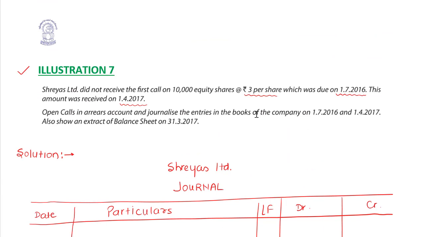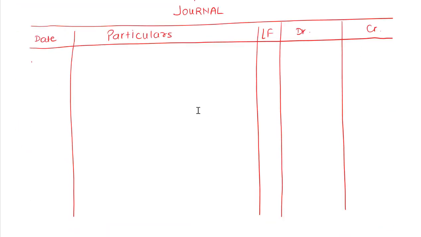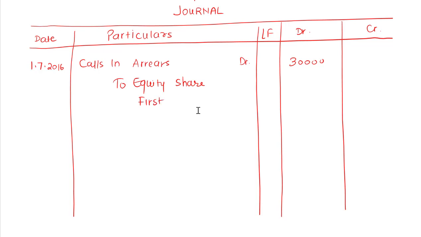Over here, calls in arrear is 3 rupees on 10,000 equity shares. On 1st July 2016, calls in arrears account debit 30,000 to equity share first call account 30,000.